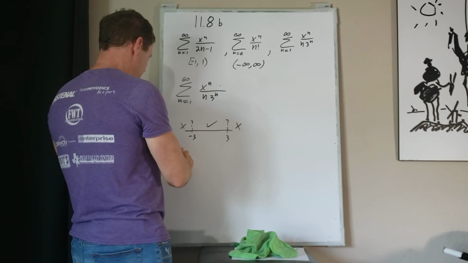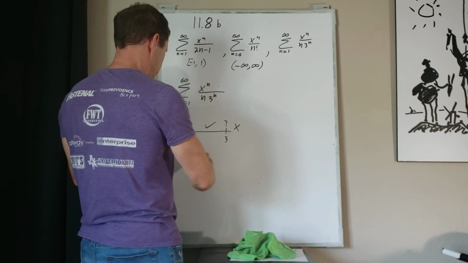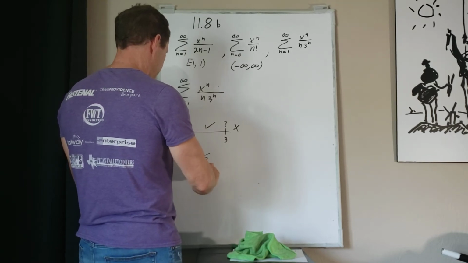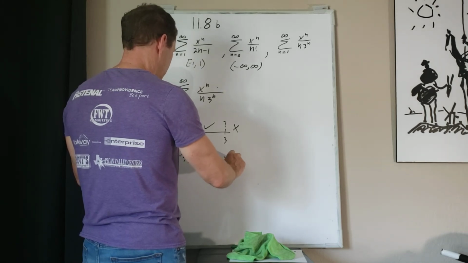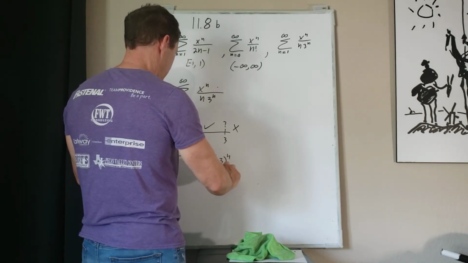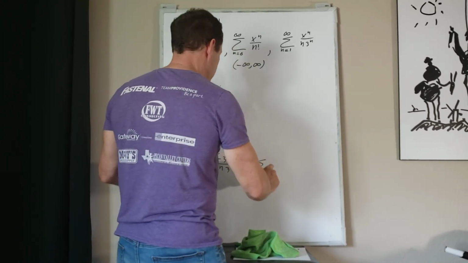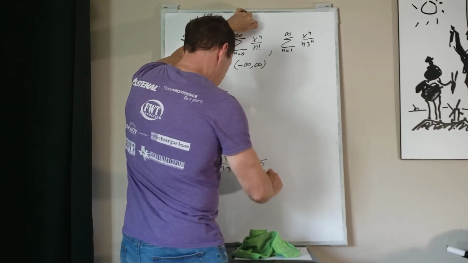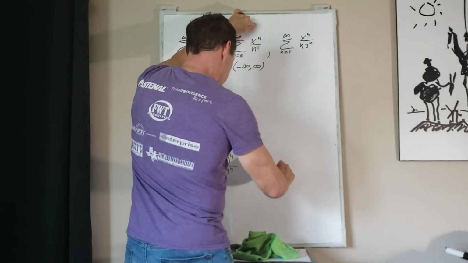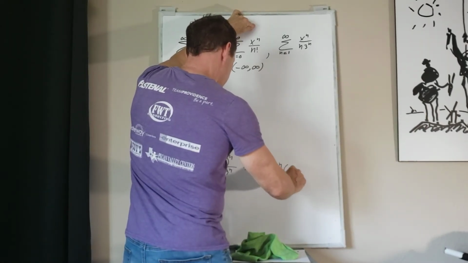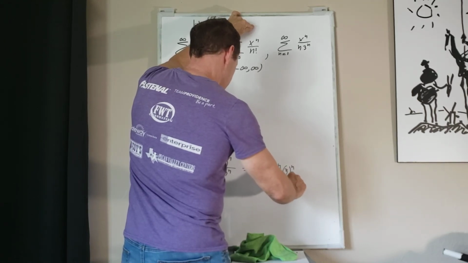So what happens at a negative 3? Plug that in, I get the summation n equals 1 to infinity of minus 3 to the n over n 3 to the n, which equals the summation n equals 1 to infinity of minus 1 to the n times 3 to the n over n 3 to the n.